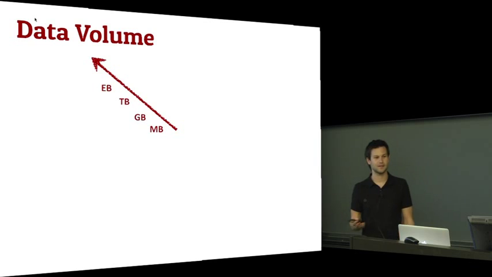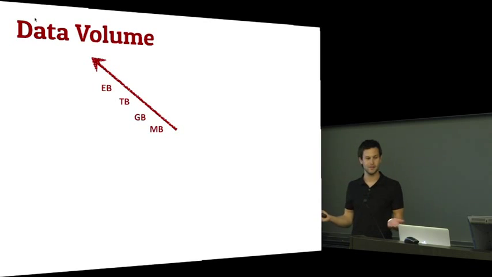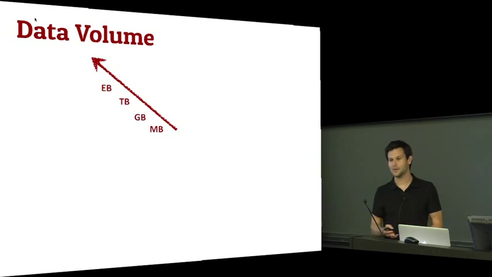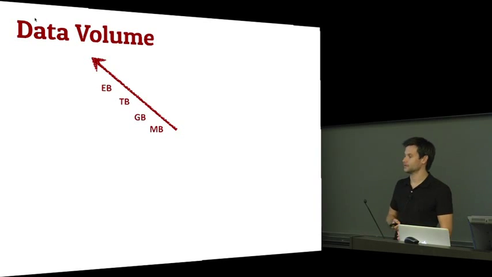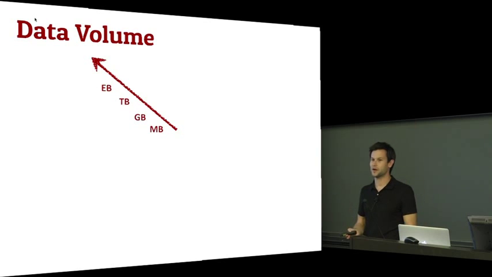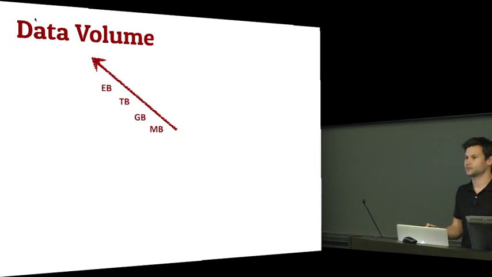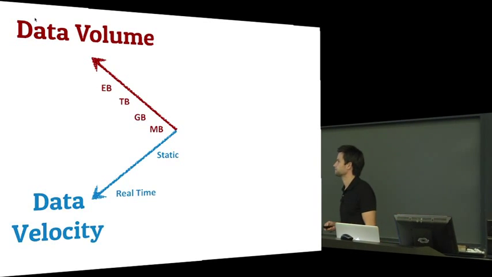When you think about big data, it's always about the volume. And this is a moving target. We started with megabytes in the early days, then moved on to gigabytes. Nowadays, probably terabytes are big, but for some fields like astronomy, you have exabytes of data. But this is moving, so every year this is increasing. This is what people usually tell you when you ask them what big data is.